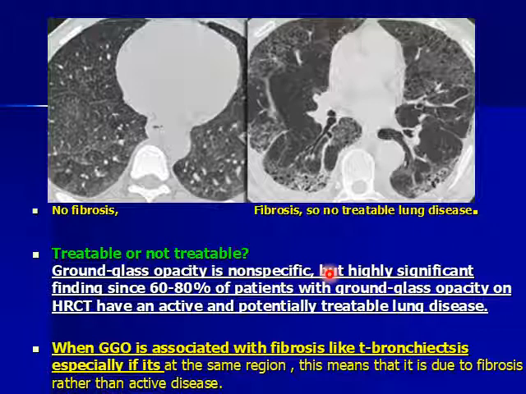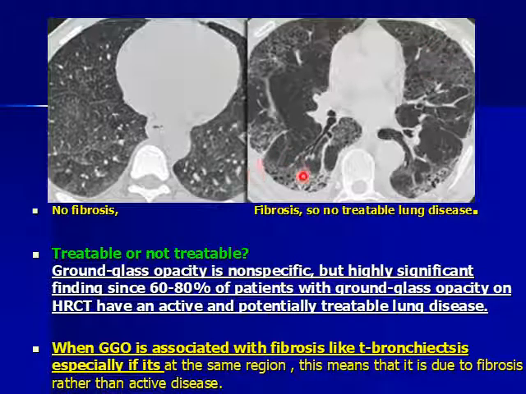So you should look for the other signs of fibrosis if they are present, such as we have here. Yes, this is honeycombing. This is traction bronchiectasis also in addition. These are signs of lung fibrosis. So the ground glass here is part of the interstitial fibrosis.